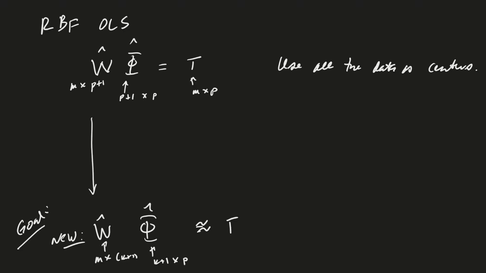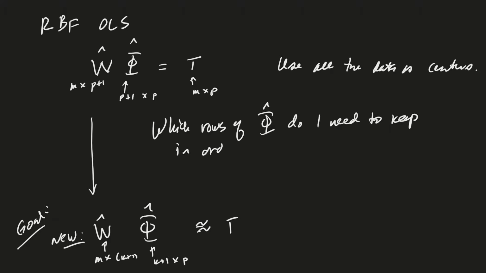So what we're doing is trying to find rows of phi that we can use. We could look at it either one of two ways. We could think of which rows of phi hat I need to keep in order to get a good mapping, and then we'll toss the rest.